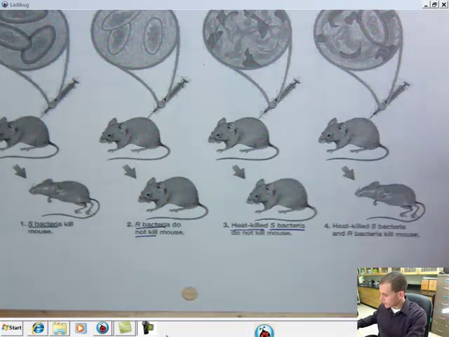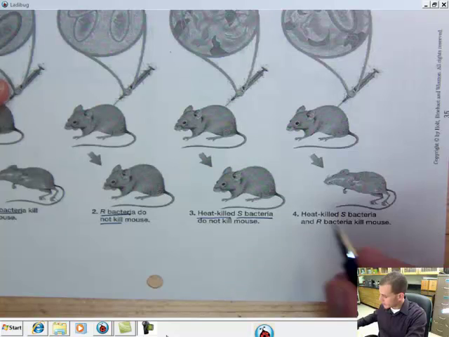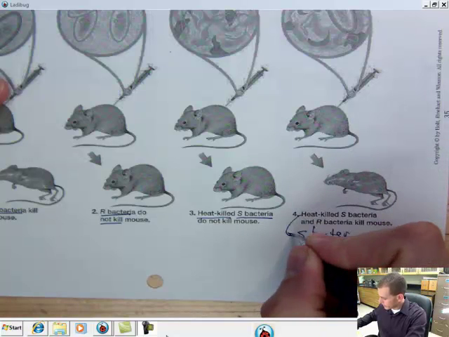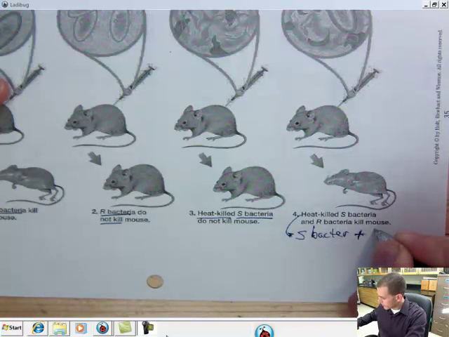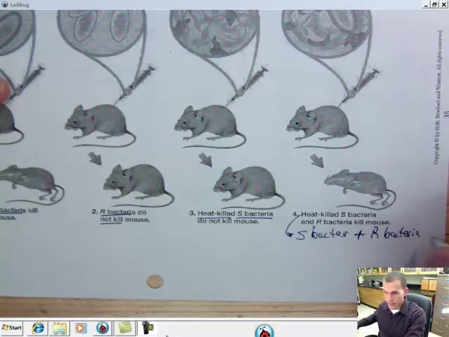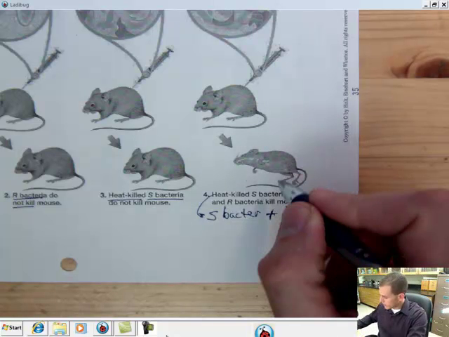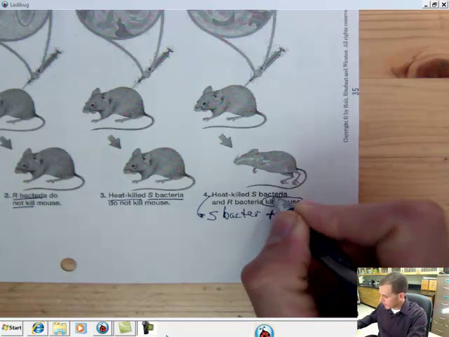And then in the third step, he took that S bacteria that was heat treated, plus the R bacteria that you can see here, and by doing so, what he found was that it killed the mouse.